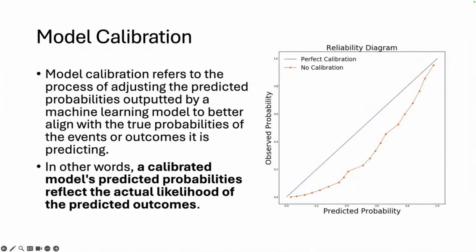So if I tell you that the probability is 80%, you're going to expect that 80% of the time that outcome occurs, and that 20% of the time it does not occur. And if I tell you that the probability of the coin toss outcome is 50%, you're going to expect that 50% of the time that occurs and 50% of the time it does not occur.